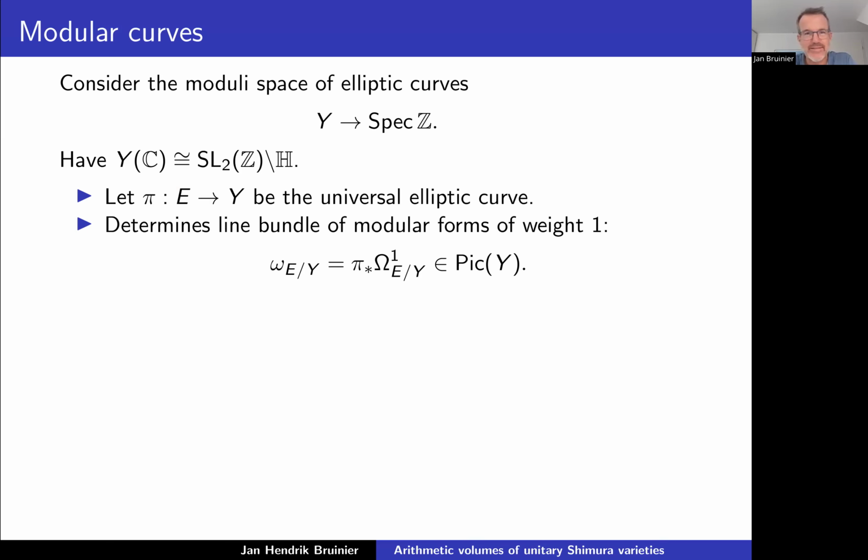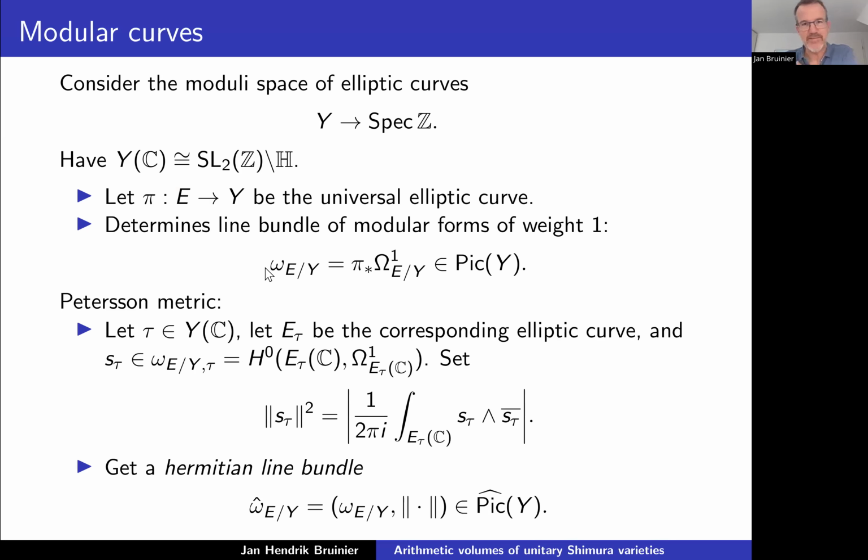And this line bundle comes with a natural metric also. So how is this defined? I define this metric fiber-wise. If we have a point tau in the modular curve, then there's a corresponding elliptic curve for this point. And if we have something in the fiber above tau, which corresponds to a differential on the elliptic curve above tau, then we can just take the L2 metric of this differential.